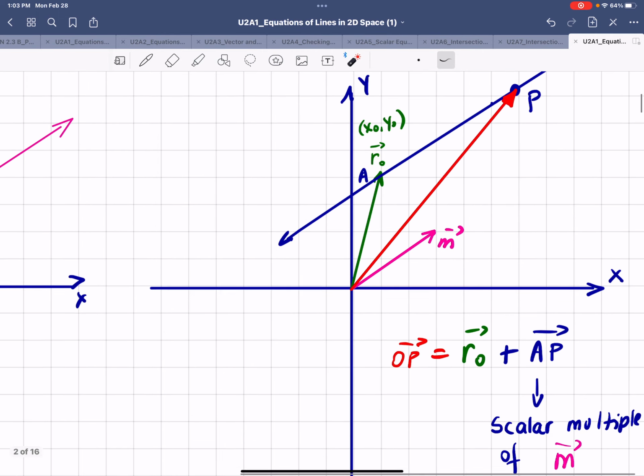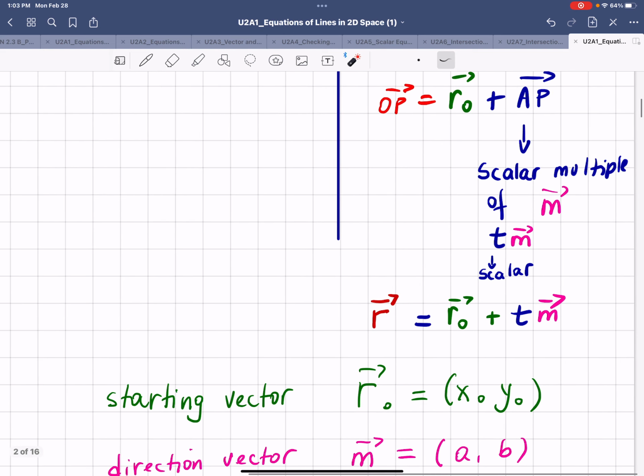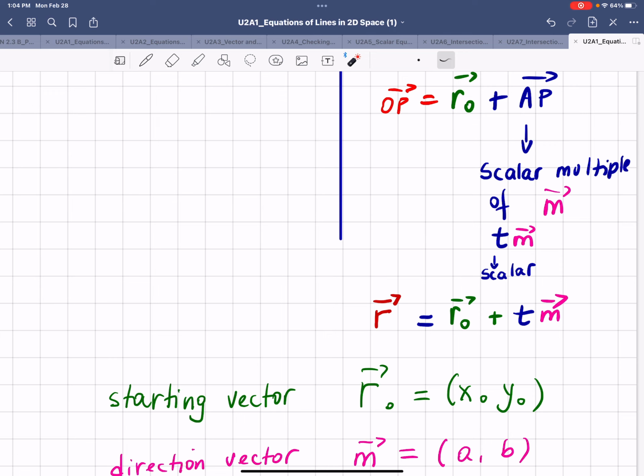So we are going to say that this line can be uniquely described as a line that passes through vector R0 and this point, which is the head of the vector R. There is one and only one line that we can draw that passes through the heads of vectors R0, our starting vector, and this particular point. So we are going to say that R equals R0 plus Tm.